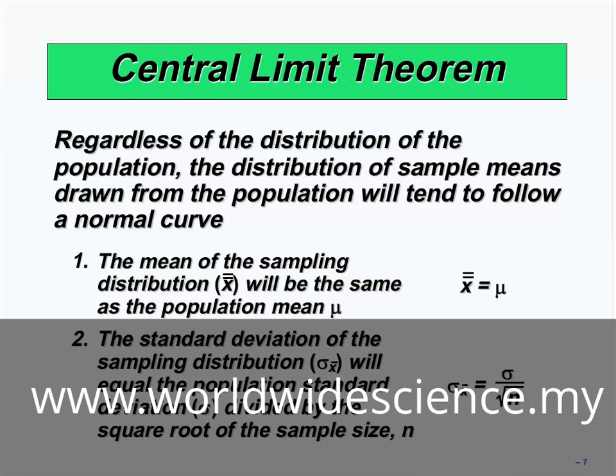In statistical science, some standards are defined by researchers. One of them is the standard deviation. The standard deviation of the sampling distribution will equal the population standard deviation, sigma, divided by the square root of the sample size, n.